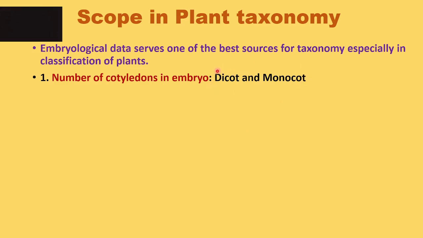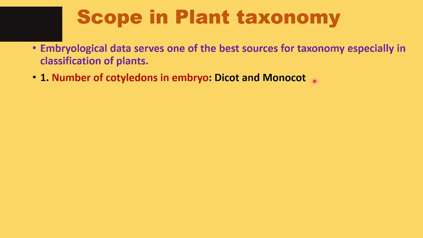So in the initial stage of angiospermic classification, these two classes, dicot and monocot, were established by taking into consideration a part of embryology, that is, whether the seed is dicotyledonous or monocotyledonous. These aspects are taken into consideration for the classification of plants.